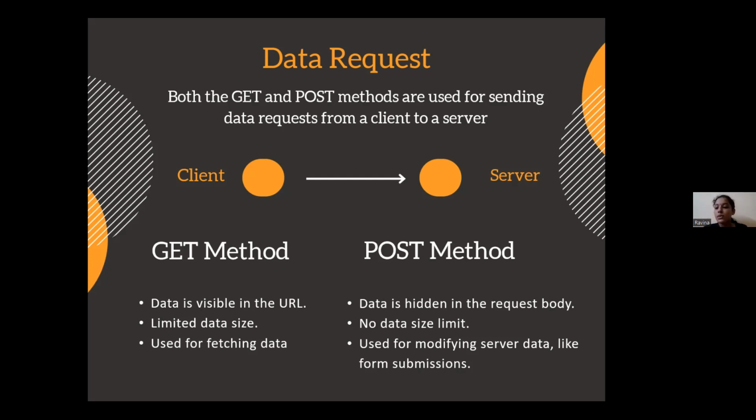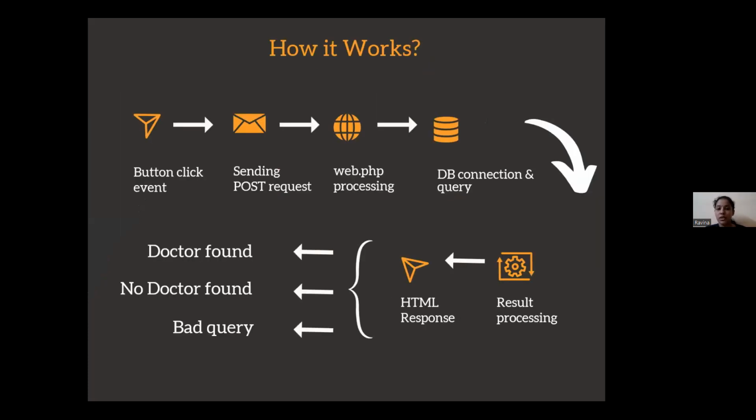In the post method, the data are hidden for security purposes. In the get method, as it is concatenating all the values, it can handle only a minimum amount of data. Whereas in the post method, as it is using a hidden process, there is no restriction on the data size. So to handle confidential data, the post method is highly recommended.